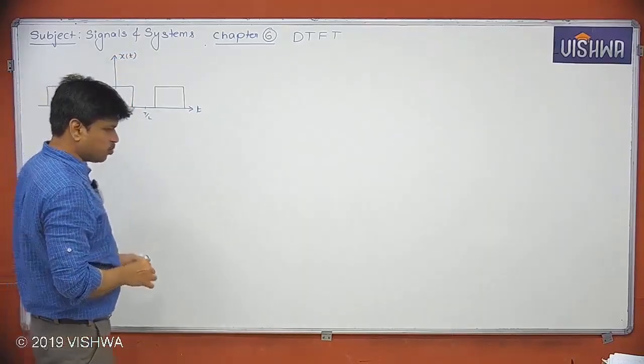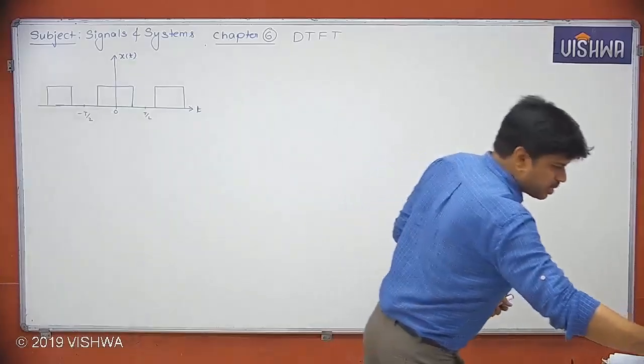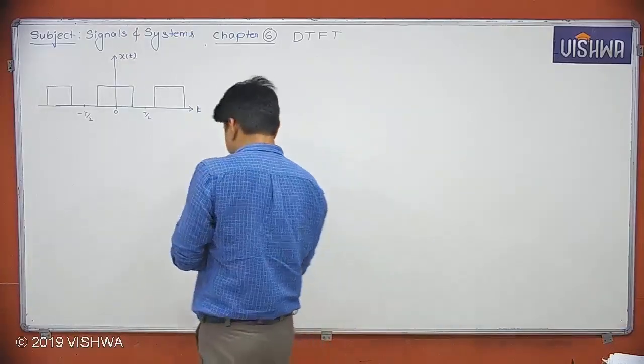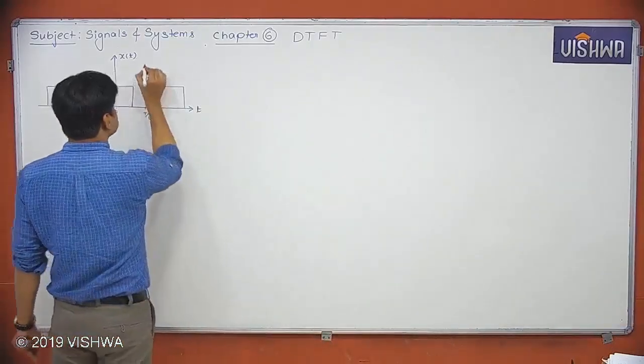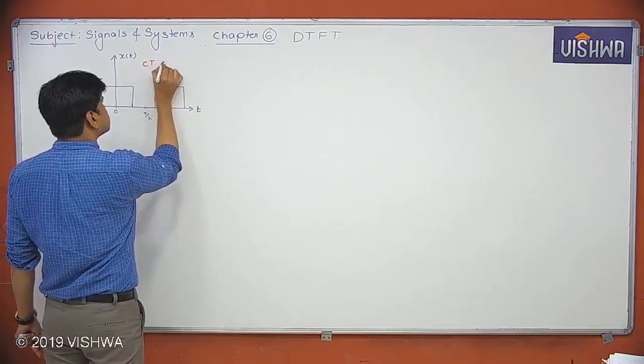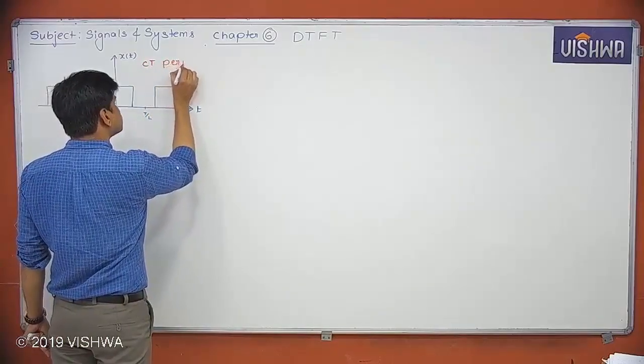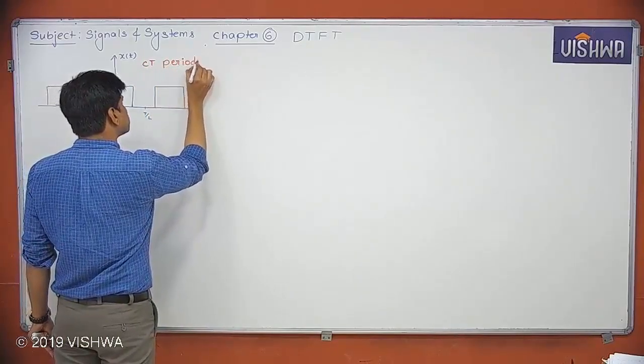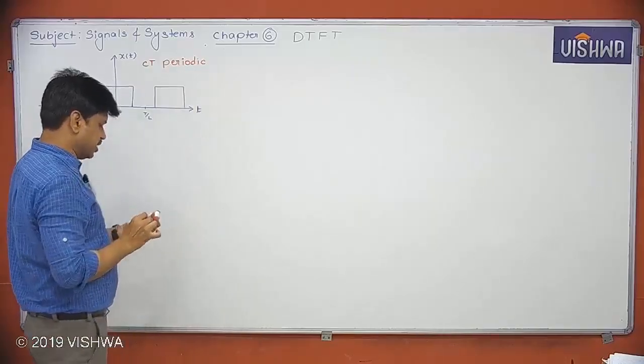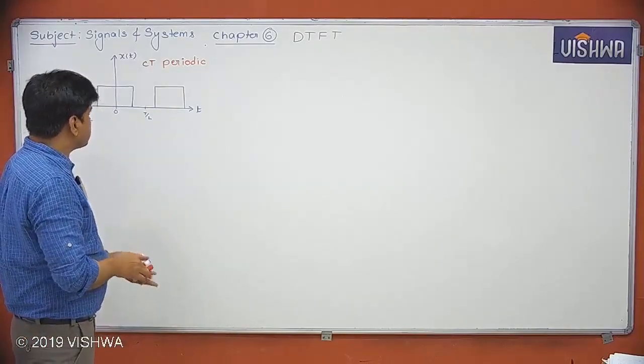So the signal we are discussing here is a continuous time periodic signal. Then how does the spectrum look?